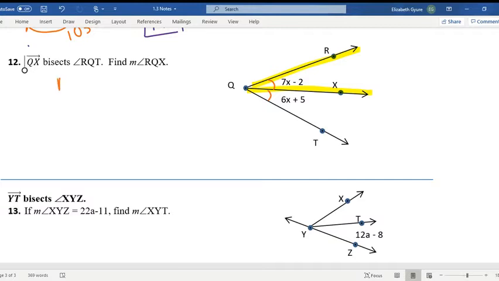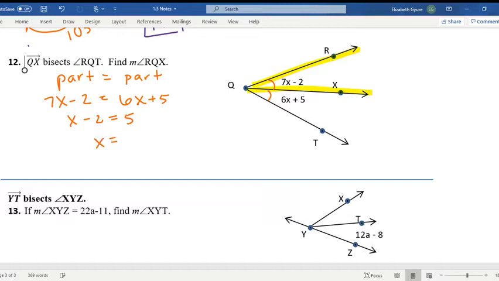So this is going to be a part equals part problem because you have congruent parts. So set them equal. So we're going to do 7x minus 2 equals 6x plus 5. Subtract your 6x over to just get x minus 2 equals 5.